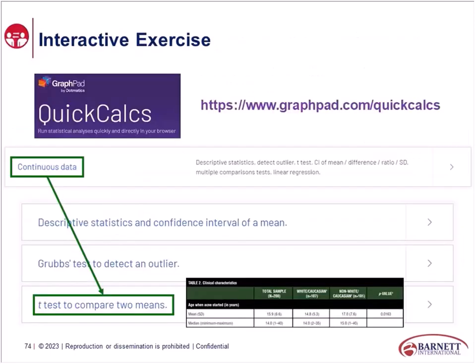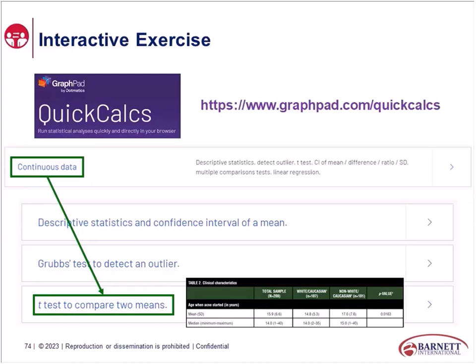So one of the things I want to leave you with as well, you say, okay, can I do any of this myself? Do I need to take another stats course? Do I need specialized software? What can I do for myself using what I've learned today? Well, up here is a package called QuickCalcs. It's actually supported by GraphPad, which is a package you can download.